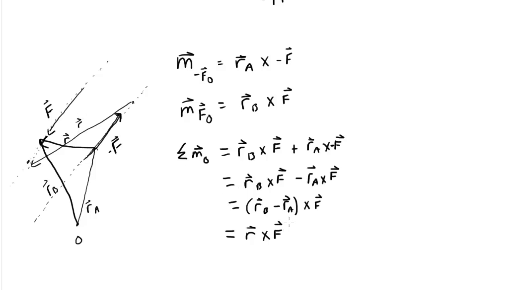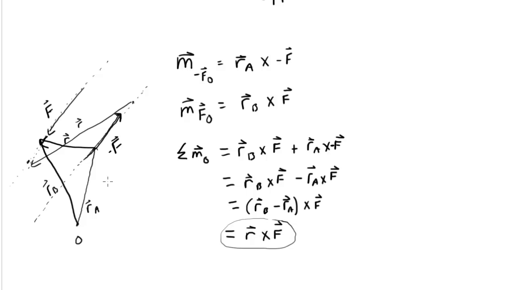So in this formulation, this R only has to point from the line of action of one of the forces to the line of action of the other force, and the force that it's pointing to is the one that we write in Cartesian notation and use here. Okay, that's point number 1.